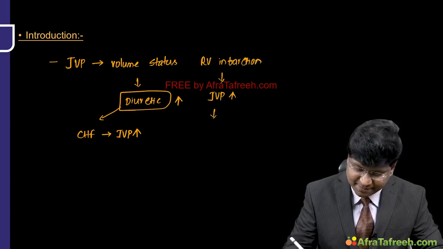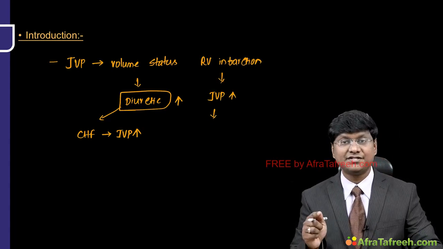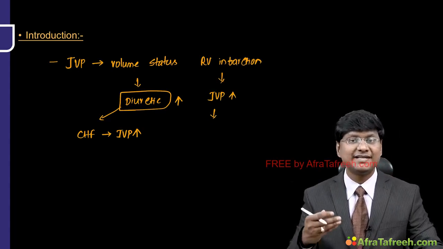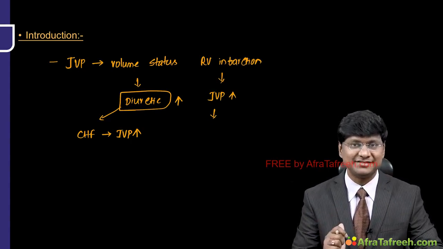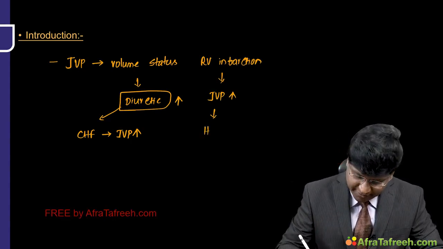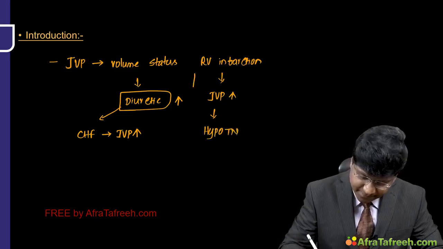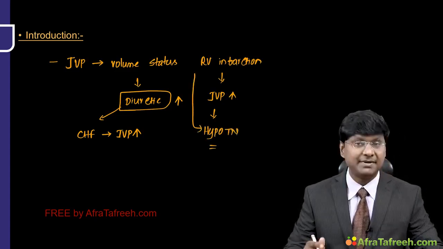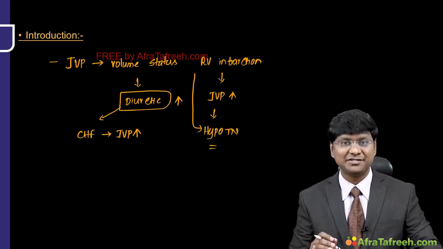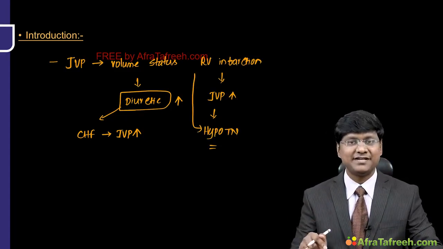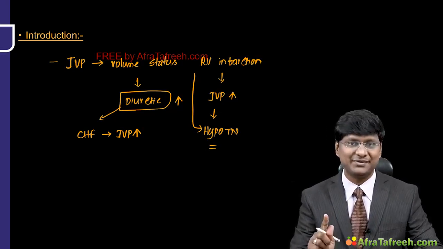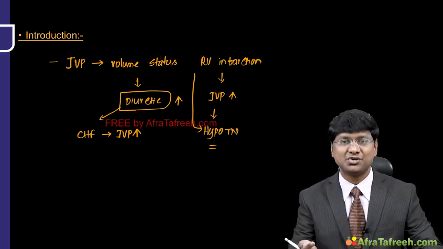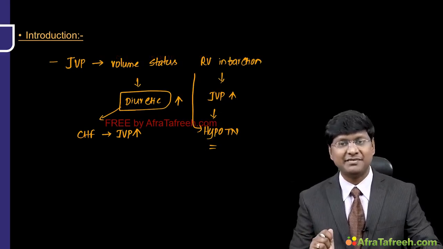But in these patients, if you increase the dosage of the diuretics, the individual will land up in hypotension. So what you have to remember is, in patients with right ventricular infarction, they will have raised JVP, but they will have hypotension. So in this case of raised JVP secondary to right ventricular infarction, you should not give diuretics, or you should not increase the dosage of the diuretics. That's a very important point.